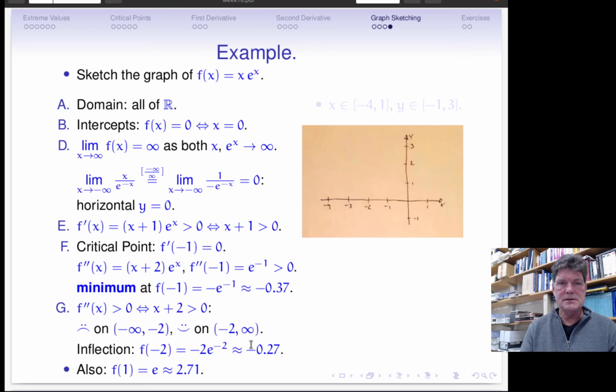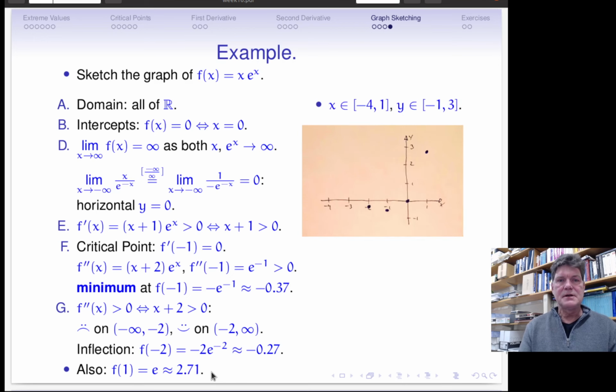Also, for added accuracy, I just know that f evaluated at 1 is just e, which is approximately 2.71. So let's throw this in.